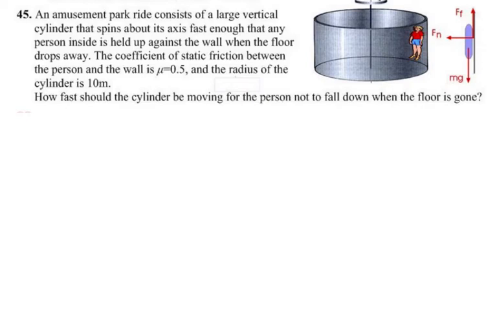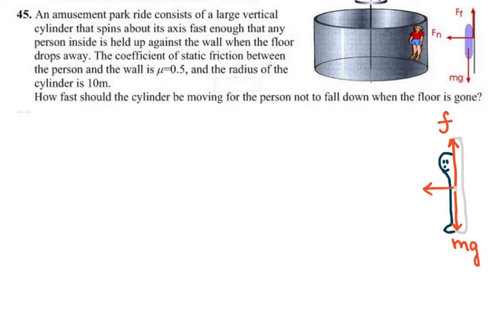So I'm going to draw the forces acting on the person when the person is stuck to the wall. If this is the wall, and this is the person stuck to the wall with the feet, eyes, nose, the forces acting on the person are friction, to hold the person from sliding down, the force of gravity, which is mg, and the normal force.